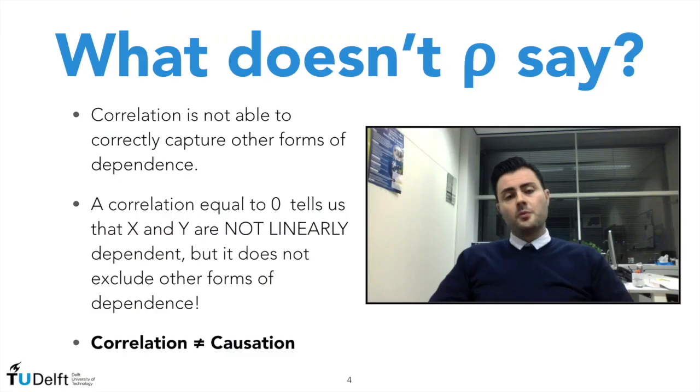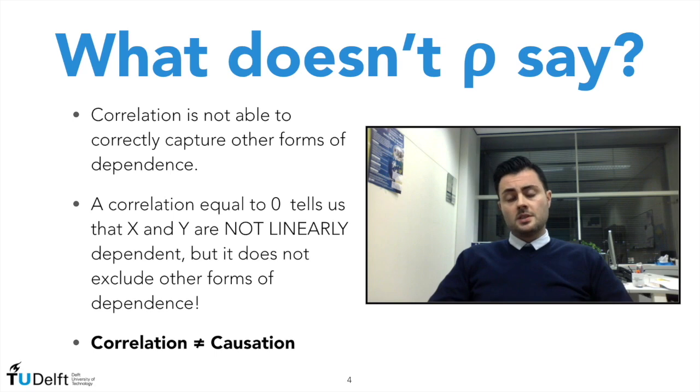Since correlation is a measure of linear dependence, if we know that the relationship between x and y is not linear, we should not use correlation. The risk is to draw the wrong conclusions about the phenomenon that we are taking into consideration.